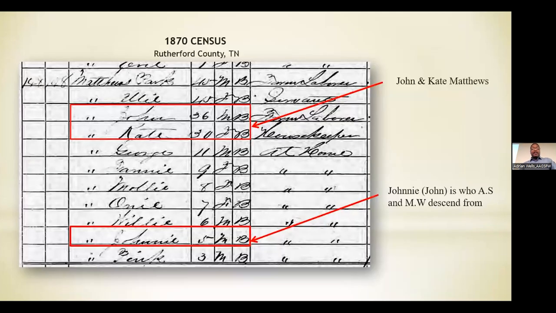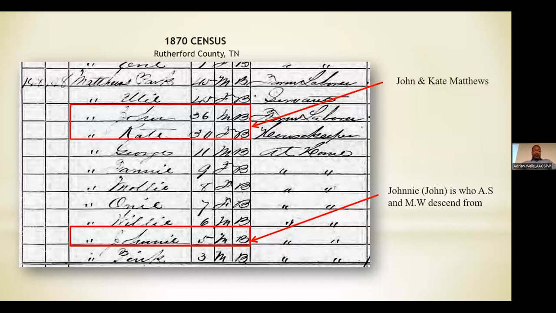I go back to the 1870 census, and that's where I saw John and Kate. So here you find John and Kate in this 1870 census. And then down below, you'll see a Johnny, who is also my DNA match AS and M, who and MW descend from.